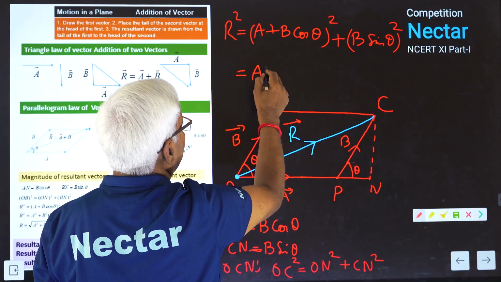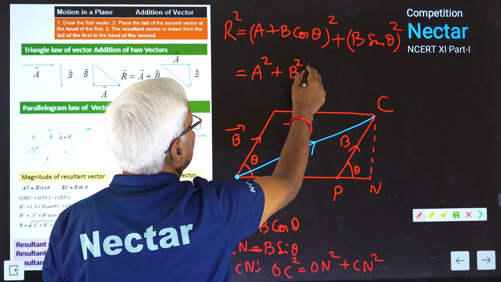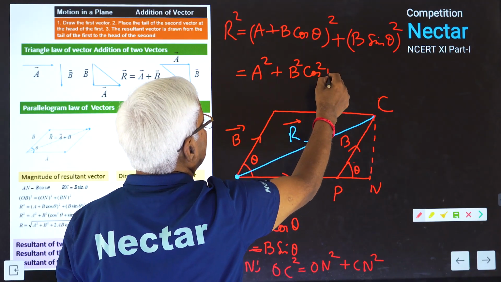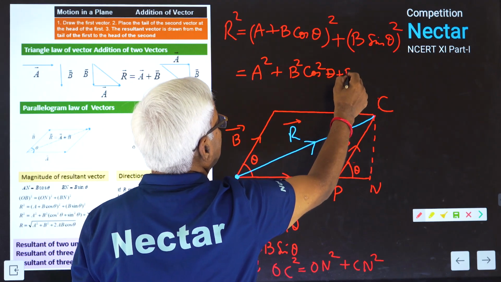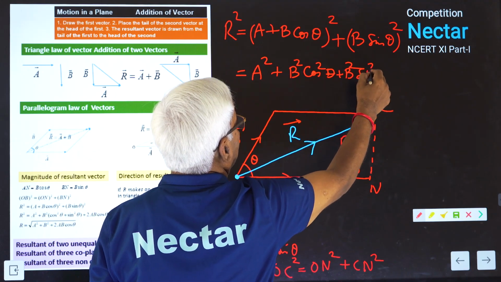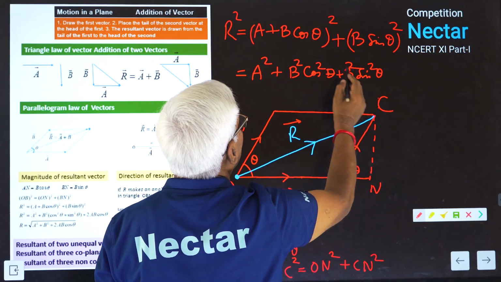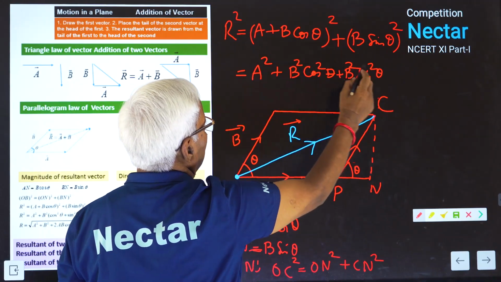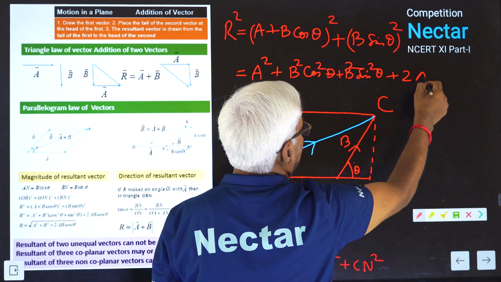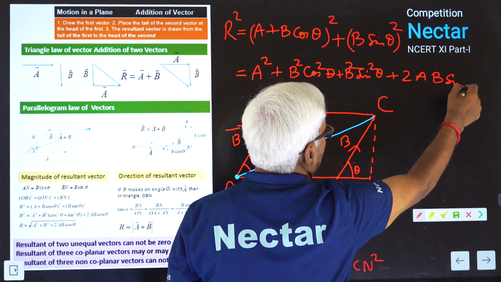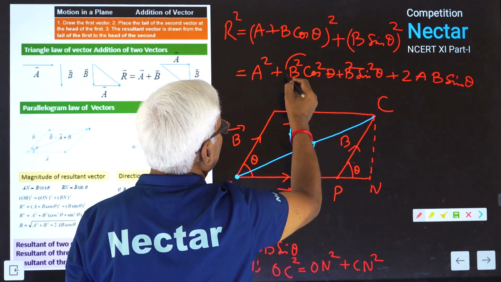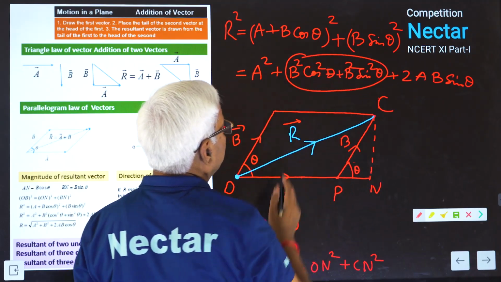On opening the brackets, you find B squared cos squared theta plus B squared sin squared theta. I have taken this along with this, and here you'll have 2AB cos theta that I have taken last.